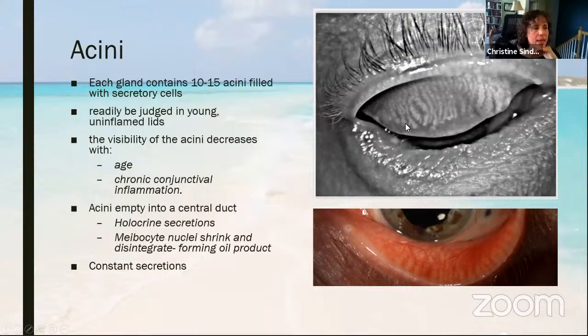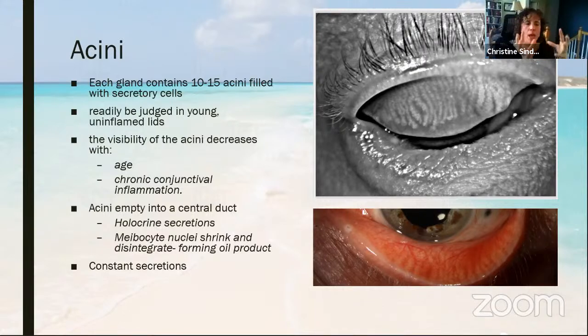Now, each gland consists of these little acini, which are little round structures that look like clusters of grapes on a stalk. Acini are what are called holocrine cells. That means each acinus contains an entire cell with an entire cell membrane and a nucleus.